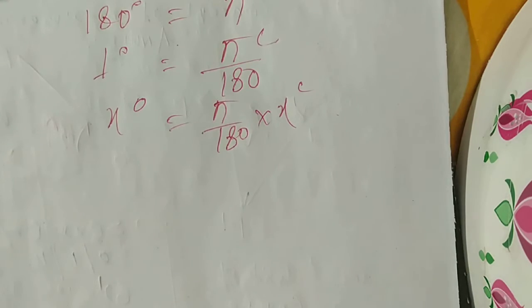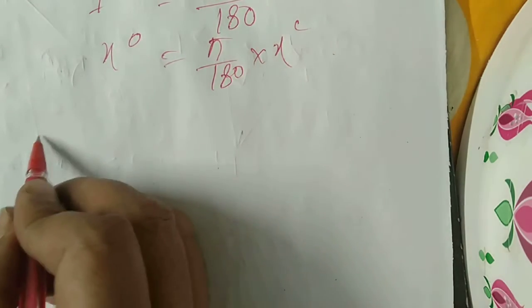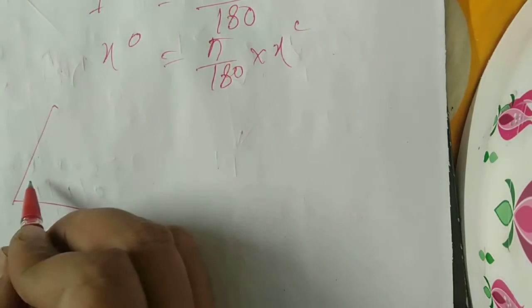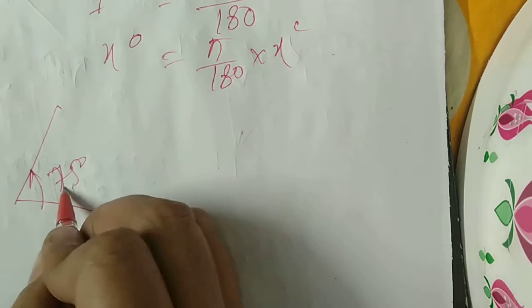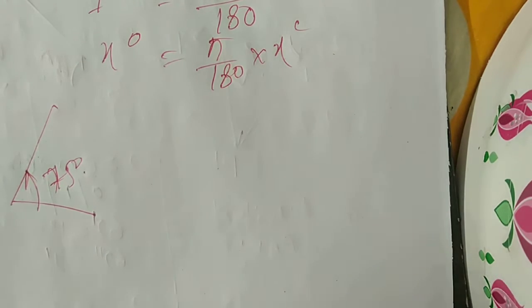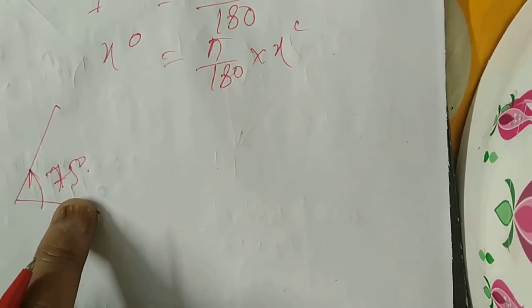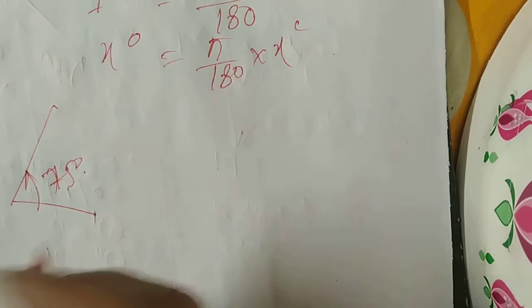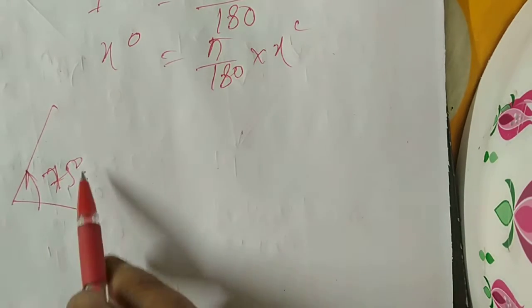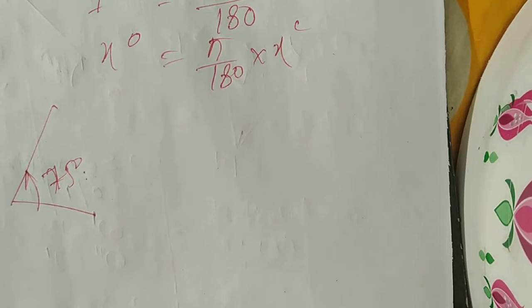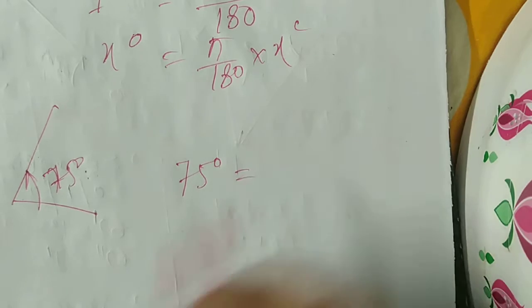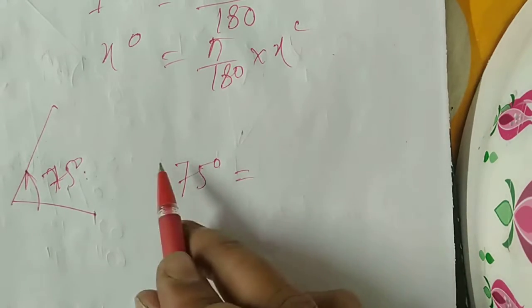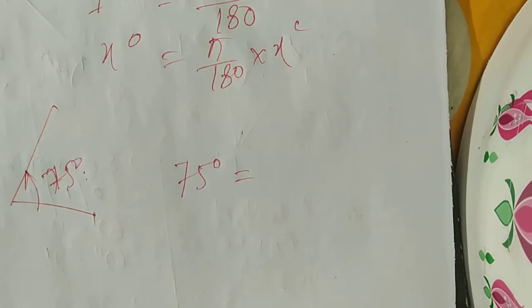Okay, so everyone see that suppose this is an angle and the measure of this angle is 75 degree. Here we measure this angle in the sexagesimal system, because degree is the sexagesimal system. If we convert this degree to the circular system, that means convert it to pi radian.